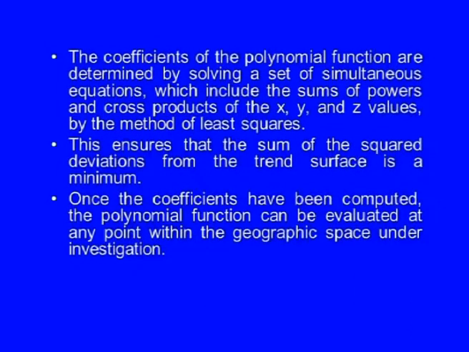The coefficients of the polynomial functions are determined by solving a set of simultaneous equations, which include the sum of the powers and the cross products of x, y and z values, by the method of least squares. This ensures that the sum of the squared deviations from the trend surface is a minimum.